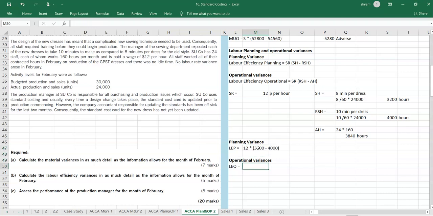And we'll also work out labor efficiency operational variance. That is SR into RSH. RSH is 4,000 hours minus AH. AH is 3,840.